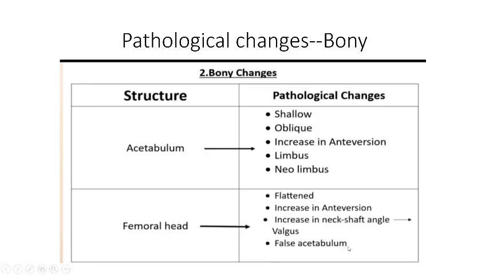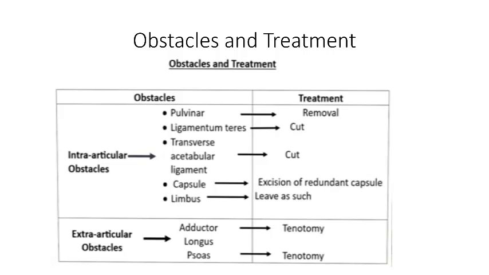What is meant by false acetabulum? The femoral head resides supralaterally in the iliac wing, and there is formation of a new acetabulum that is called false acetabulum. Now, these pathological changes prevent reduction of the femoral head, and hence these pathological changes are called obstacles.